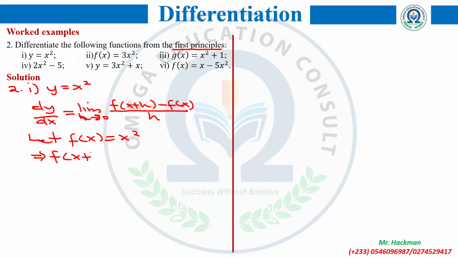I can comfortably find that. It will be equal to, wherever I see x, I put x plus h there. So it will be x plus h, then the whole of that squared. My professors, are you with me? Yes, please. Okay, good.